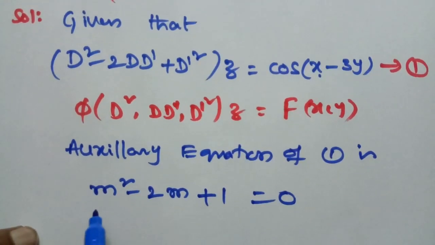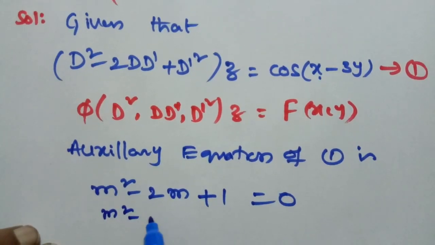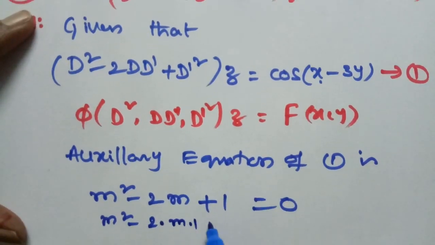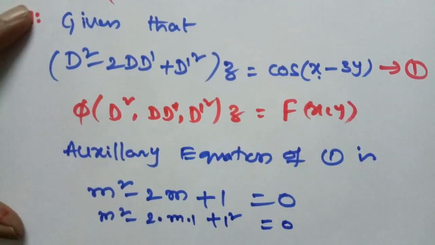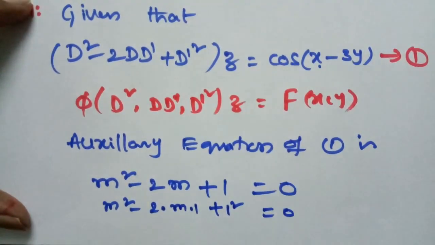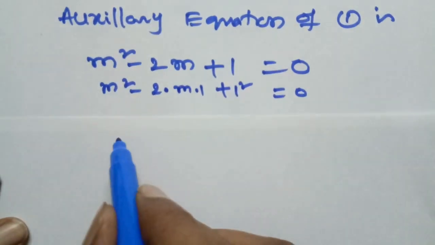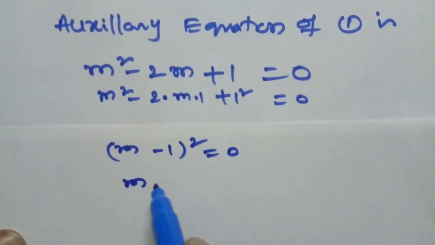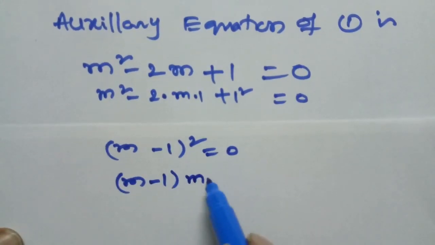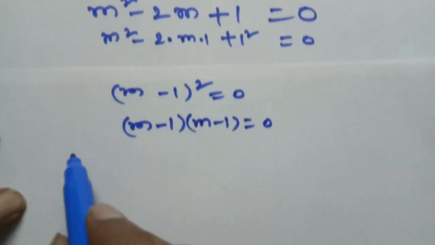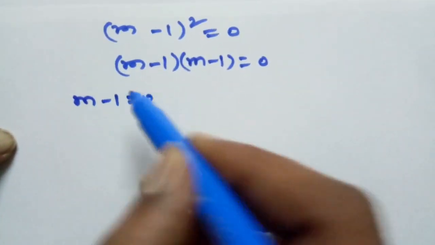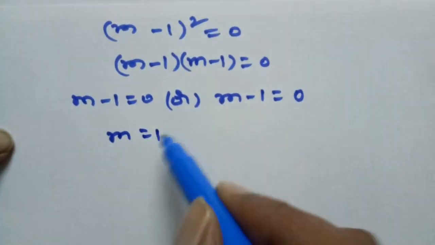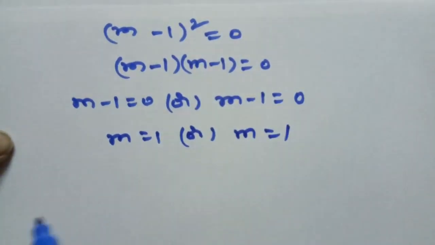So this can be written as m square minus 2 into m into 1 plus 1 square equal to 0. Therefore this is m minus 1 whole square equal to 0. Therefore m minus 1 into m minus 1 equal to 0. This implies m minus 1 equal to 0 or m minus 1 equal to 0. Therefore m equal to 1, m equal to 1.